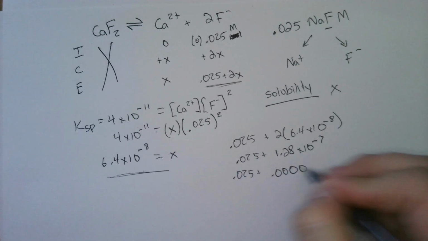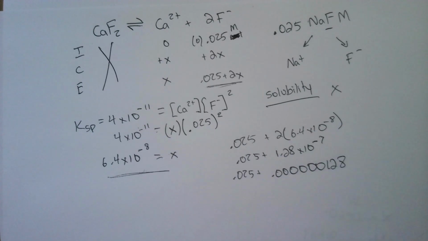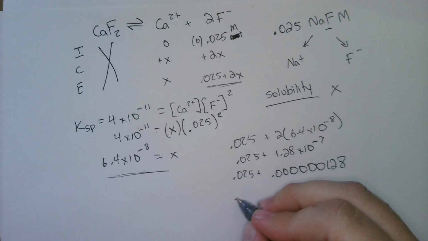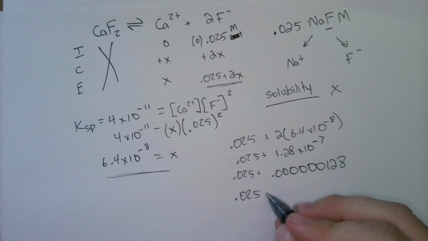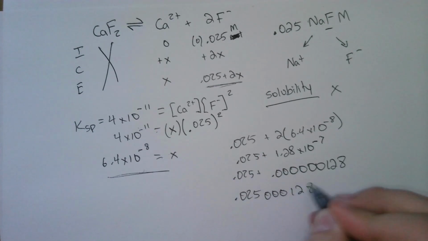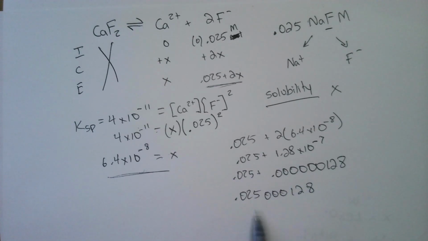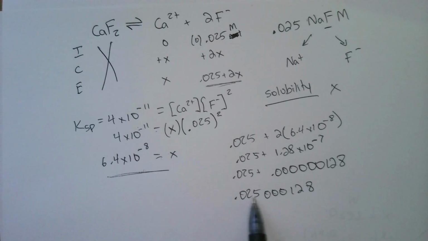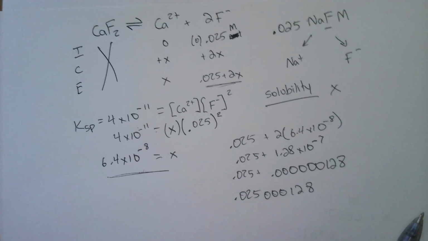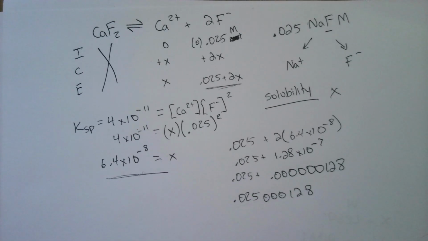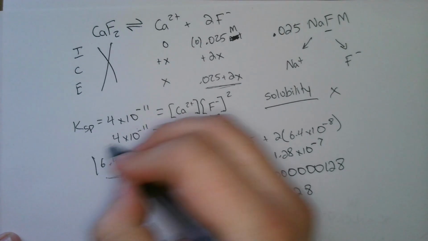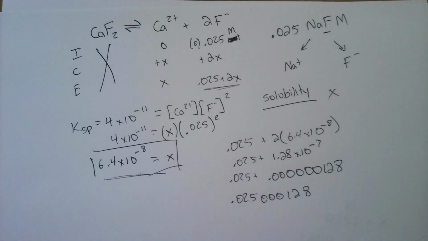This number would be 0.025, 1, 2, 3, 1, 2, 8. That's why we can make this approximation. This number is essentially just 0.025, right? All these zeros would just be rounded away anyways. And that saves us a lot of work with our math. So that's a good approximation to have. Got our answer here. Molar solubility.